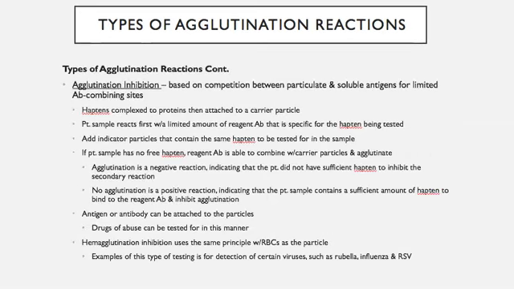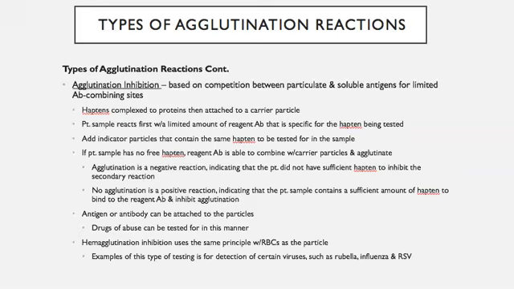Agglutination inhibition is based on competition between particulate and soluble antigens for limited antibody combining sites. Haptens are complexed or associated with proteins then attached to a carrier particle. Then the patient sample reacts first with a limited amount of reagent antibody that is specific for that hapten being tested.